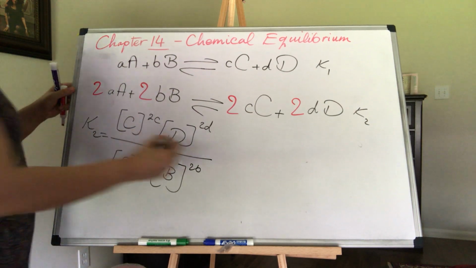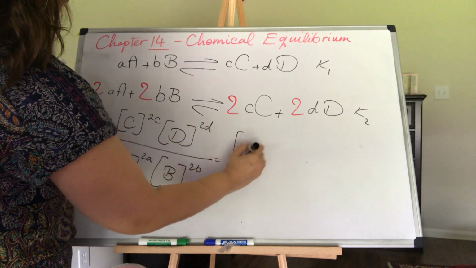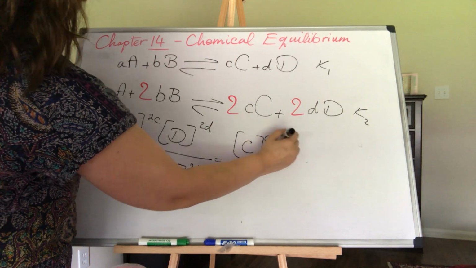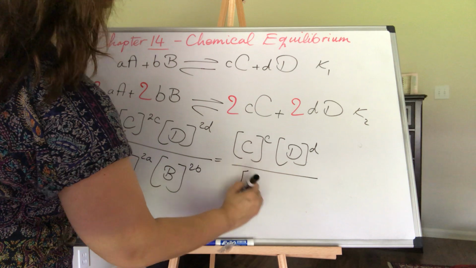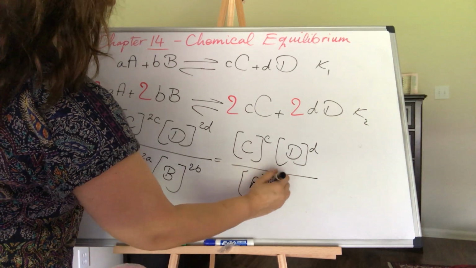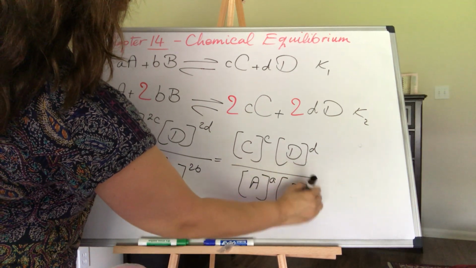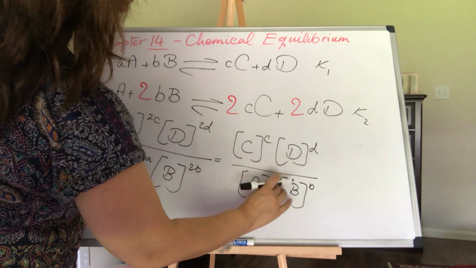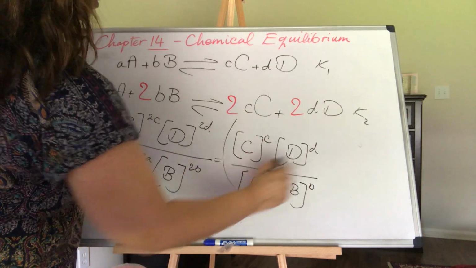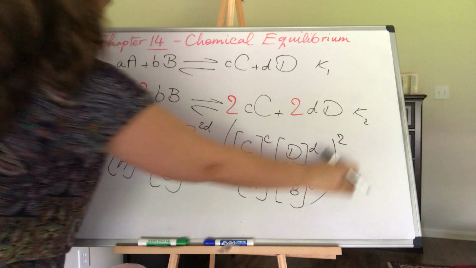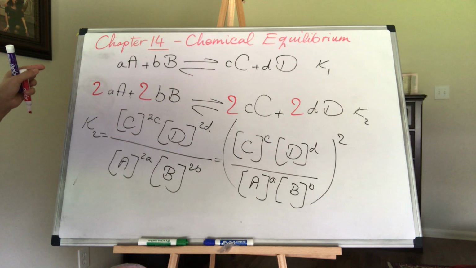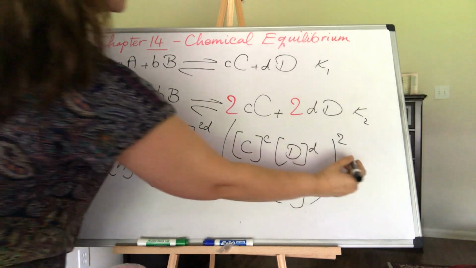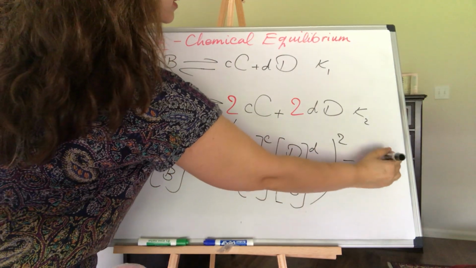Okay, so it's going to be like this. It's like you have squared the previous rate, the equilibrium constant. So it's going to be K1 squared.